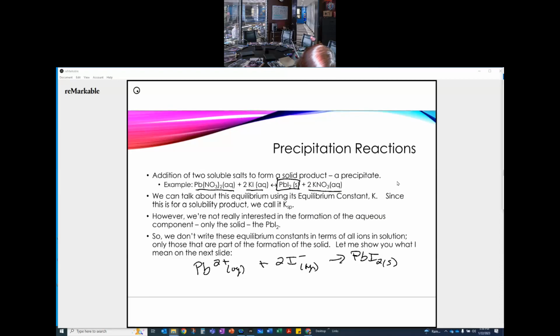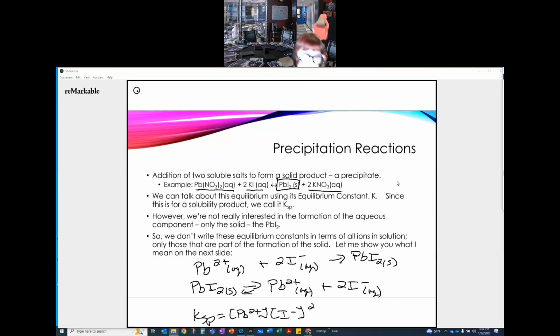So instead of forming PbI2, we talk about PbI2 solid decomposing to give us Pb2+ aqueous plus 2I- aqueous in this case. And so our K for that is going to be equal to the concentration of the Pb2+ times the concentration of I- squared. Okay, so that's how we would write our Ksp.